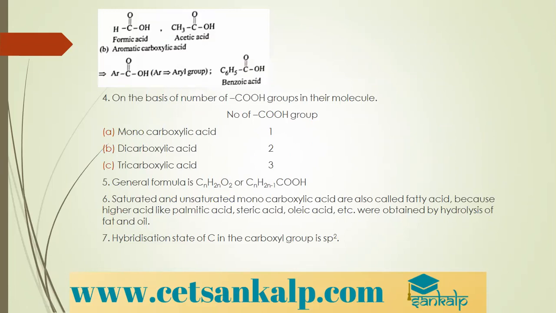And here are a few of the examples. You can see here, if it is satisfied by hydrogen, we call it formic acid. Formic acid is where the carbonyl carbon is bonded to hydrogen, and it is the first member of the carboxylic group, methanoic acid. The second example is where the R group is substituted by a CH3 group, and it has two carbon atoms.